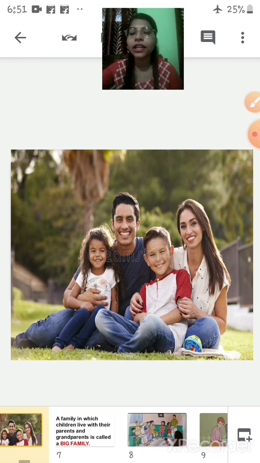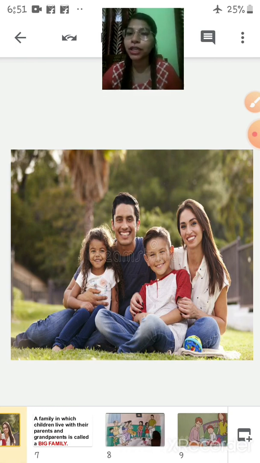Understood children? Now in some families there is a pet also. Some of you must be having a dog, some a cat, some a rabbit. So they can also be taken as your family member.